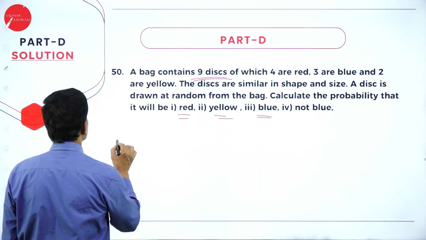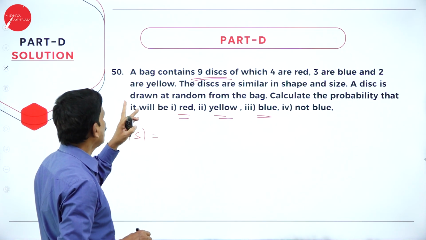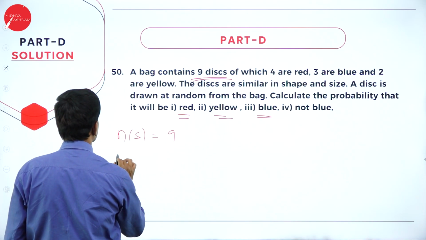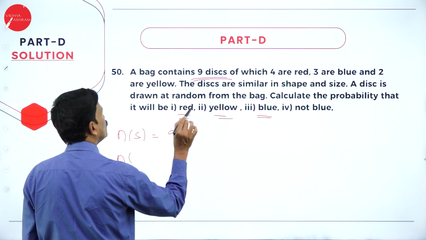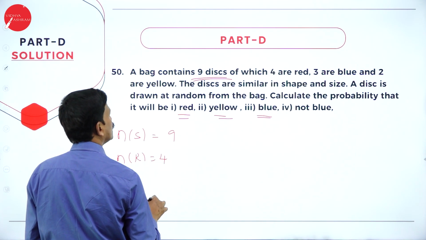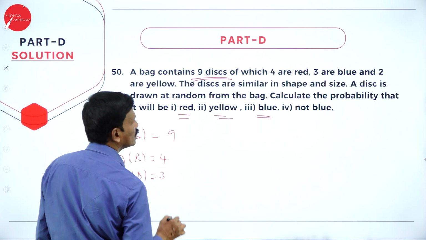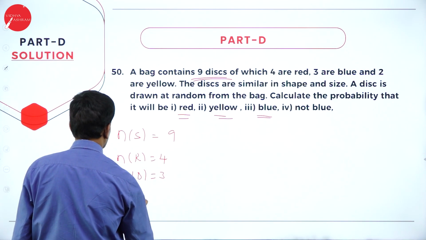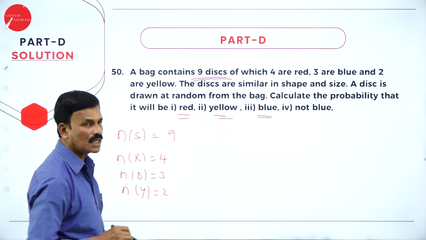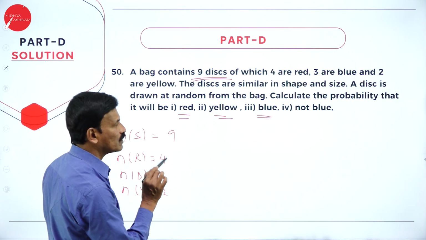So what is given? The number of discs in the bag, n of s, is 9. Out of which the number of red is 4, n of blue is 3, and n of yellow is 2. So totally 9. A disc is drawn at random from the bag.